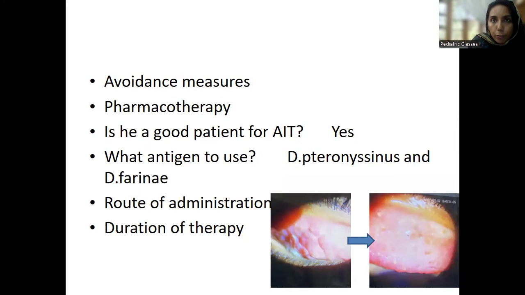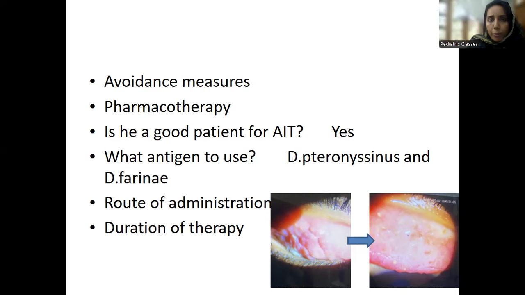So first we advised avoidance measures for him and started him on pharmacotherapy, that is both nasal spray and eye drops. So this is always a team effort. You can see in this picture, there are giant papillae in the conjunctiva. So here we also took a consultation from the ophthalmologist, and we started the patient first of all on eye drops with both steroids and antihistamine.